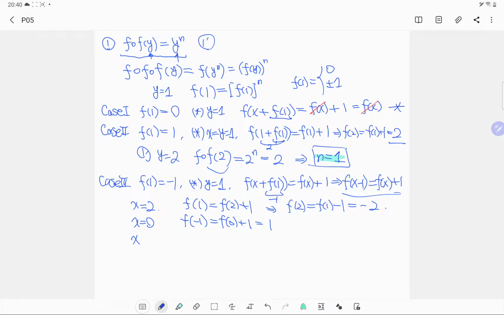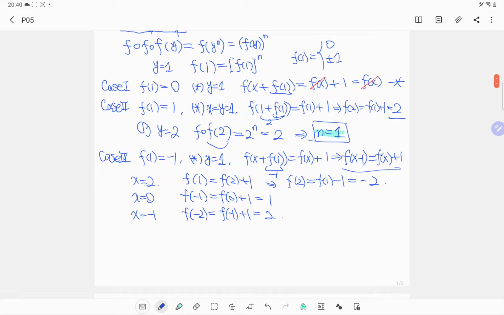And then we can plug in x equals negative 1. So we have f of minus 1 minus 1, which is minus 2, equals f of minus 1 plus 1, which is 2. So going back to the 1 prime, we plug in y equals 2.